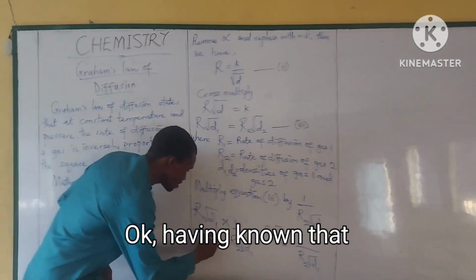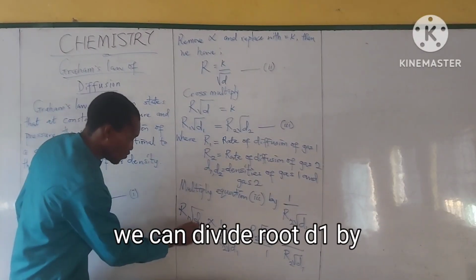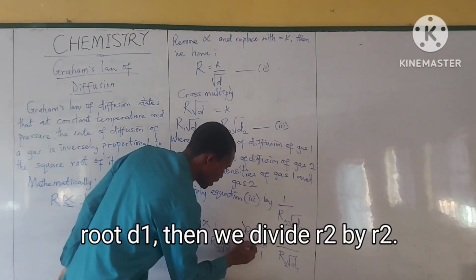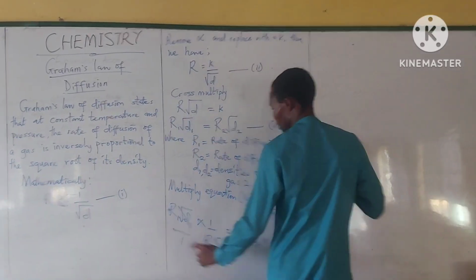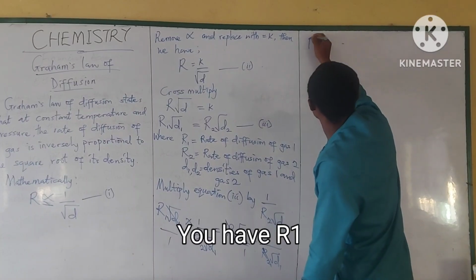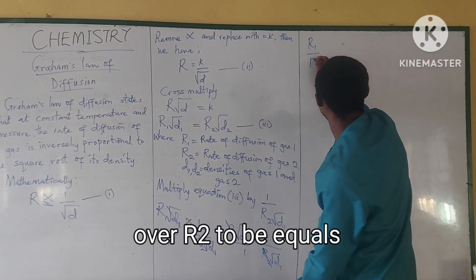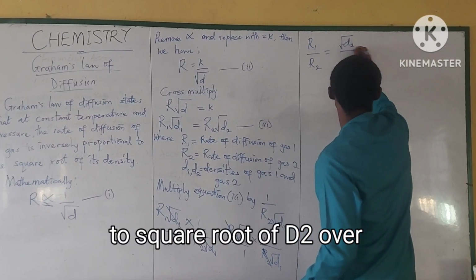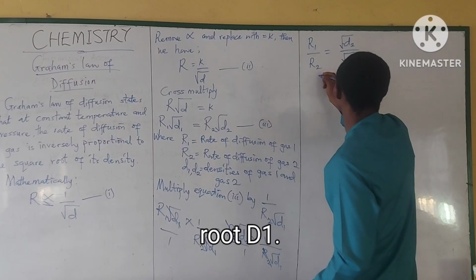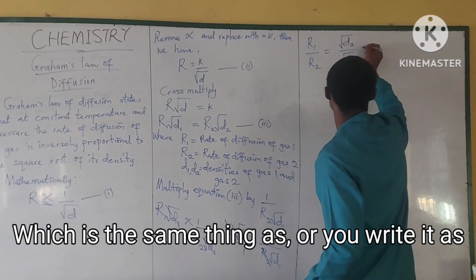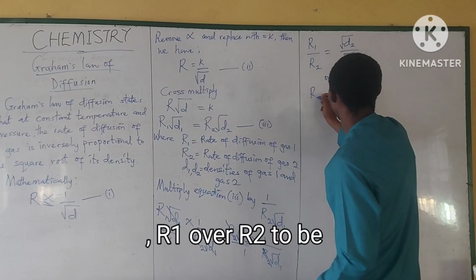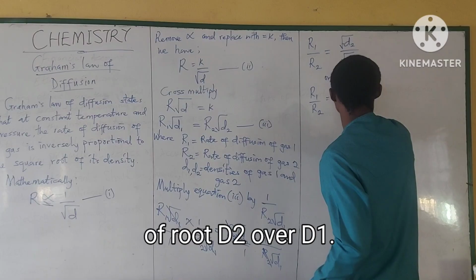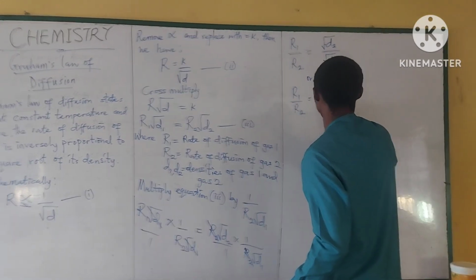Having known that, we can divide root D1 by root D1, then we divide R2 by R2. Therefore, we write down the leftover. You have R1 over R2 equals to square root of D2 over root D1, which is the same thing as R1 over R2 equals to square root of D2 over D1.